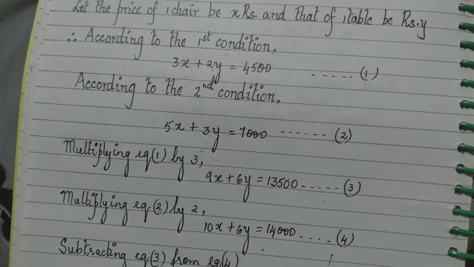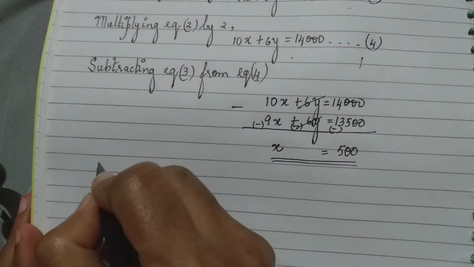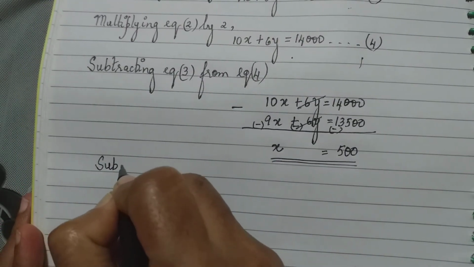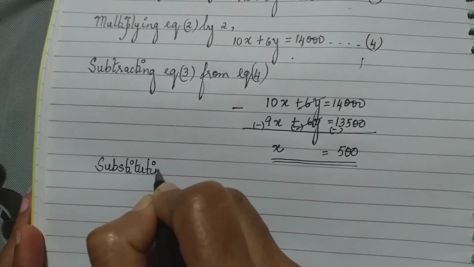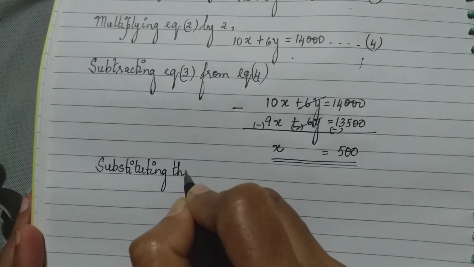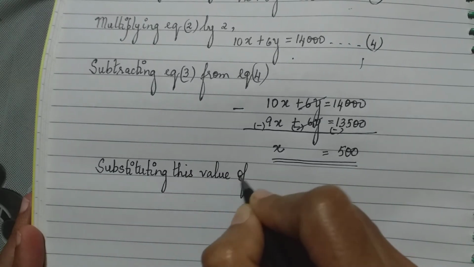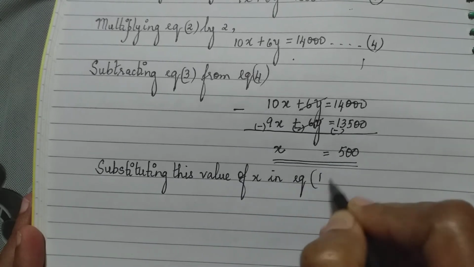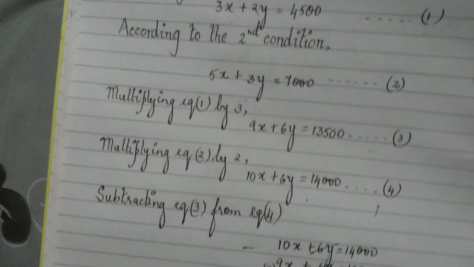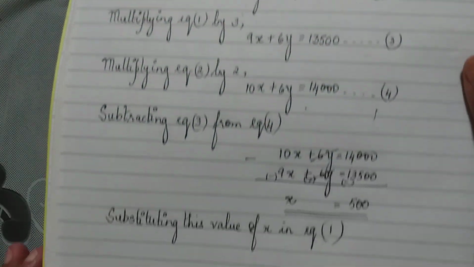So what will we write? Substituting this value of x in equation 1. So first we have to write equation 1. Equation 1 is 3x plus 2y equal to 4,500.